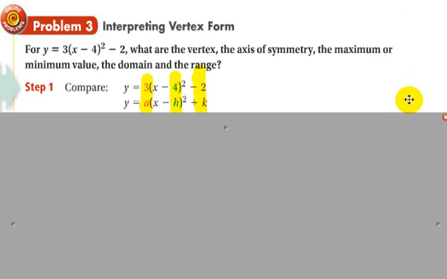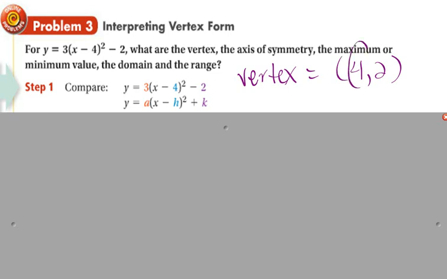Now I know that my vertex is h comma k, so it's going to be 4 and 2. So the vertex is 4, 2. And that means my axis of symmetry runs right through that x value, our h value. So the axis of symmetry is going to be x equals 4.